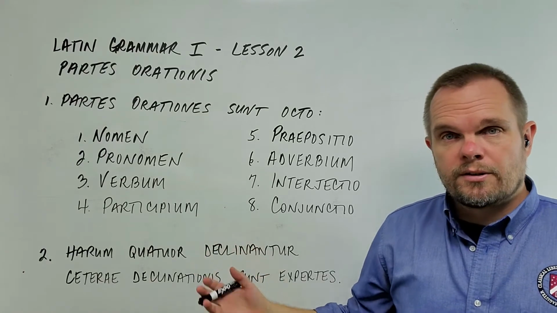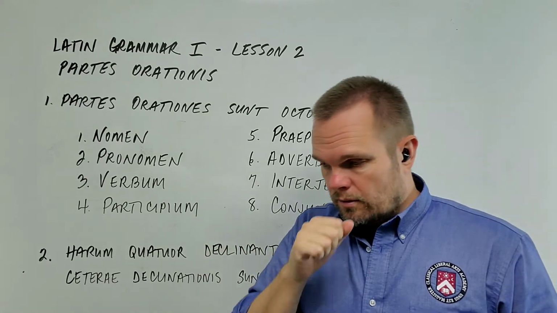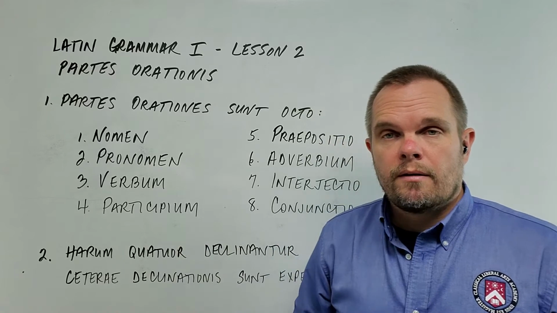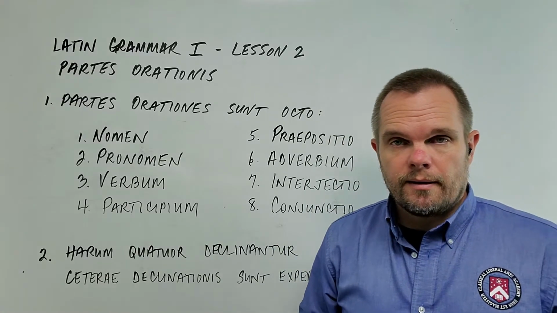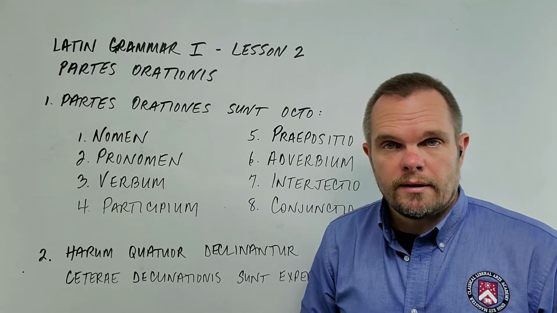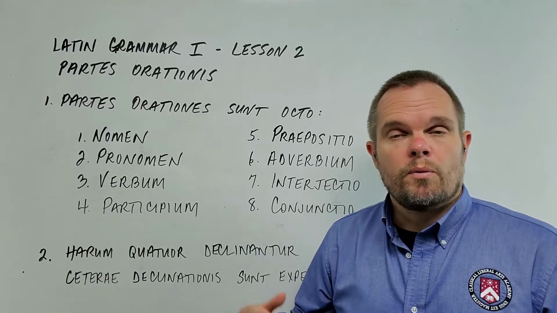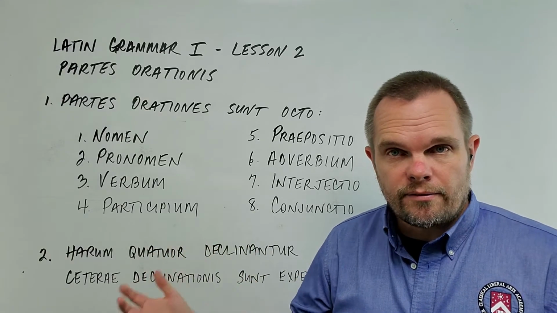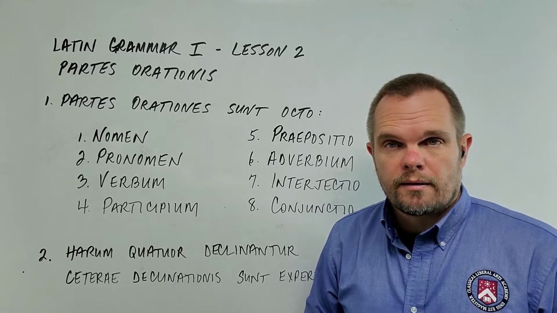In our first lesson, we learned that there are 23 letters used by the Latins. We learned that there are 6 vowels in the Latin language. We also learned that there are 6 diphthongs in the Latin language.